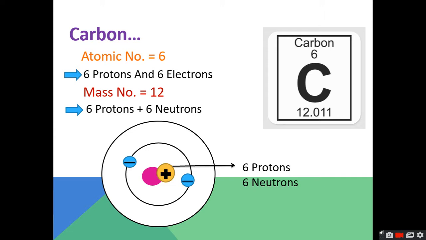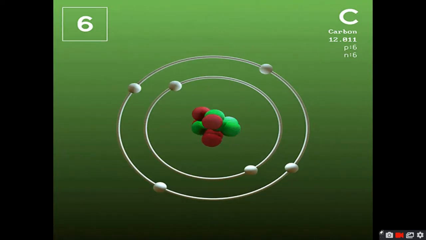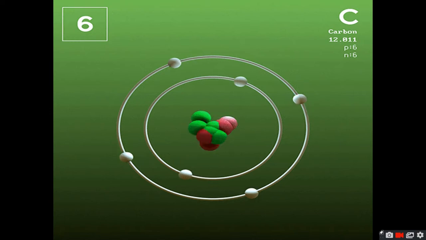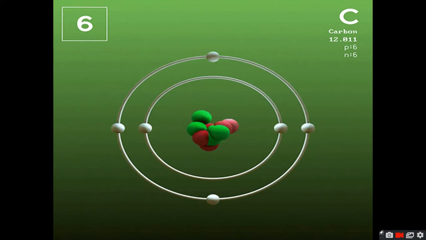Out of 6, now 4 electrons are left, which can be accommodated in the L shell, which has a maximum limit of 8 electrons. Here they come. Let's move on. Here is carbon with its 6 electrons, 2 in the K shell and 4 in the L shell. Please welcome our next element, sodium.